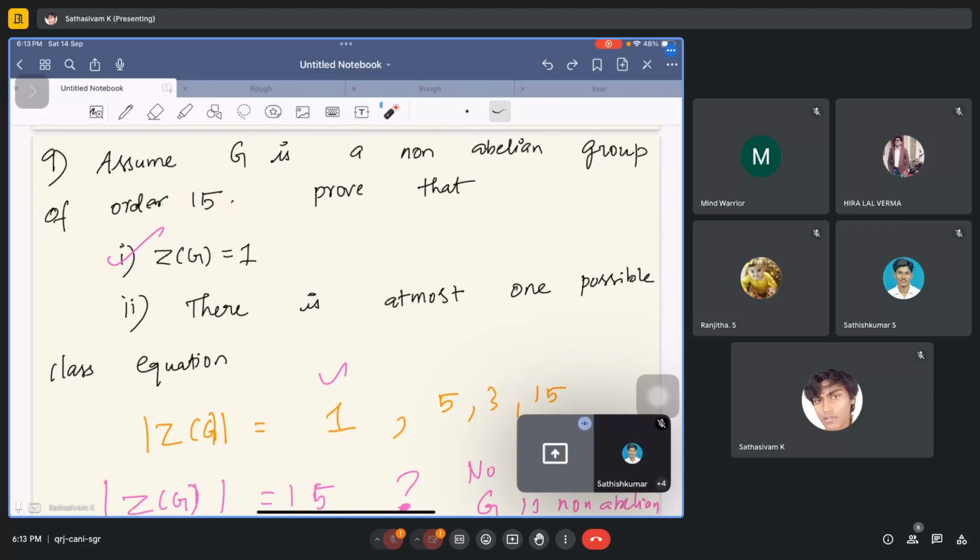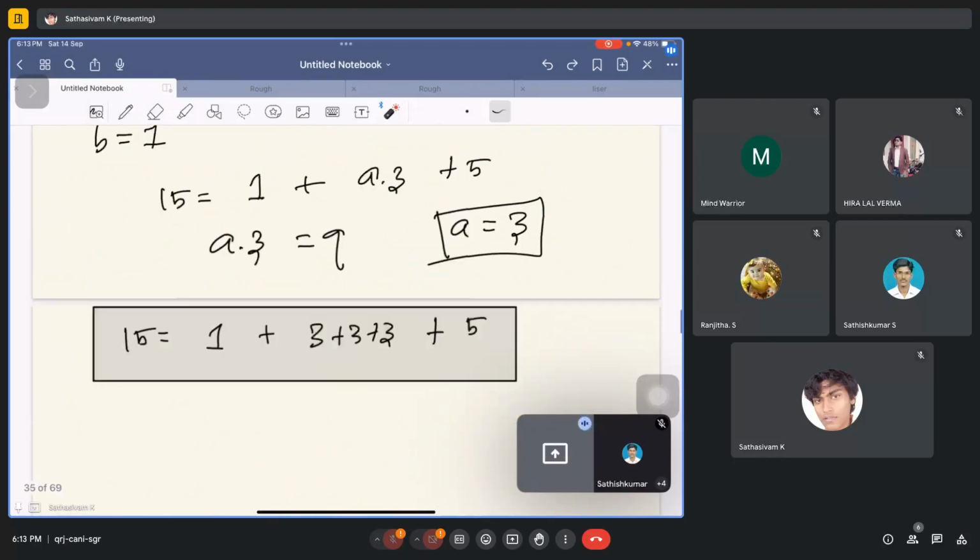Here we can do something, but if you have a large enough order, it's almost impossible to find what the possible groups of that order are. So what we did is, assume there is a non-abelian group, then we proved that there is at most one possible classification. But in general such a group cannot exist, as you said, because we just have proved it.